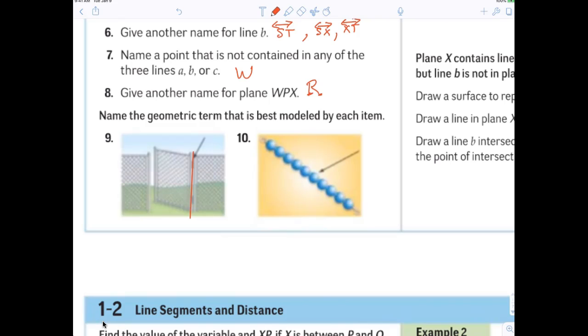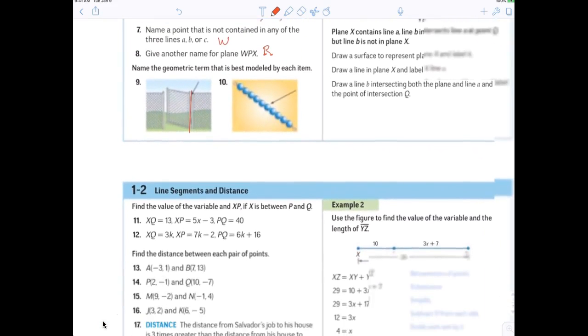I don't really care. I'm not going to have you name the pictures tomorrow. If you thought they were pointing to the actual fence, that could be described as the plane. So I don't care. You know the difference between a point, a line, and a plane. Just like over here, number 10 represents the point. That was pretty easy.